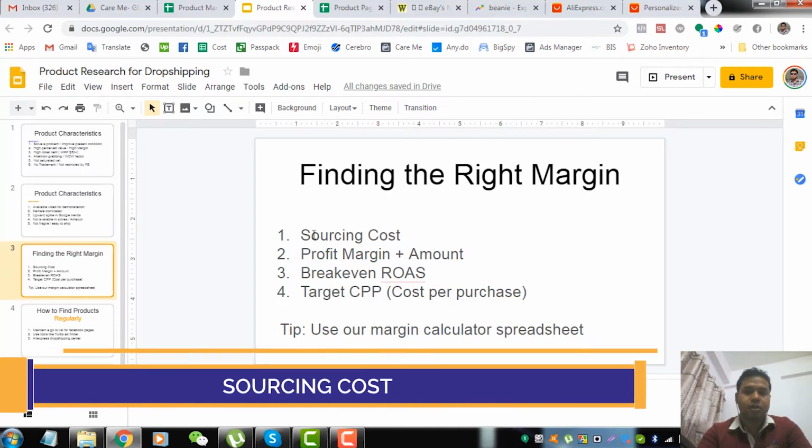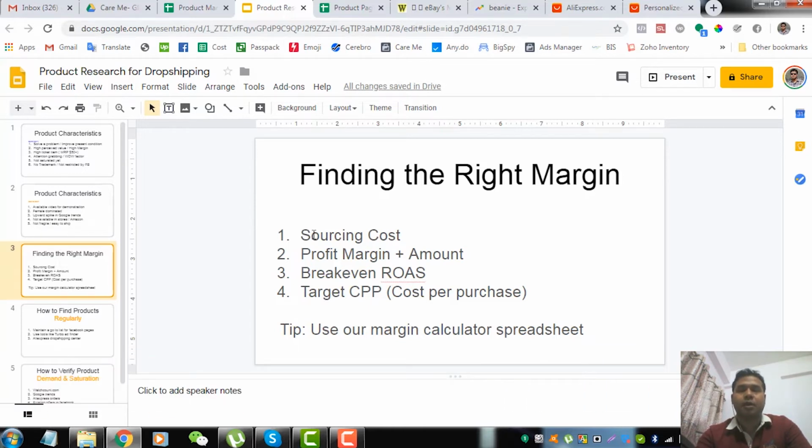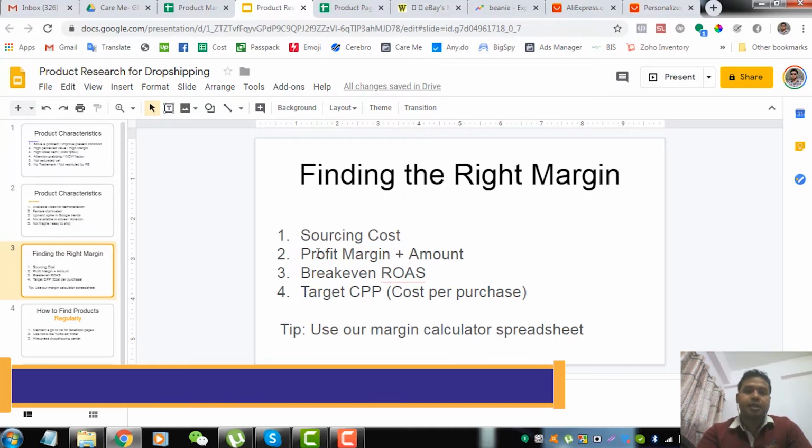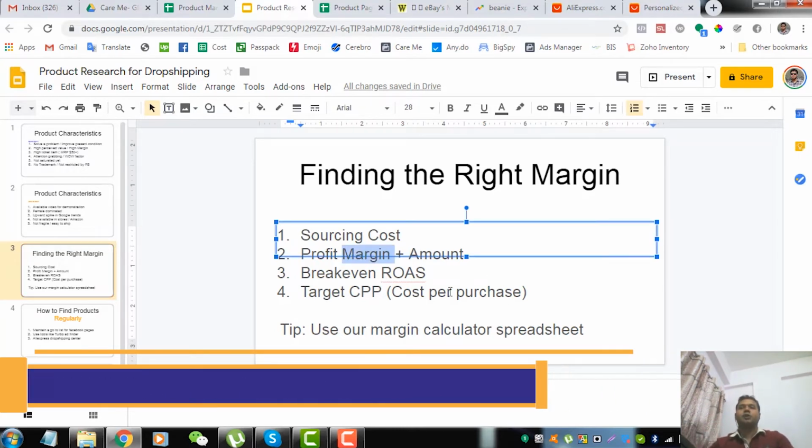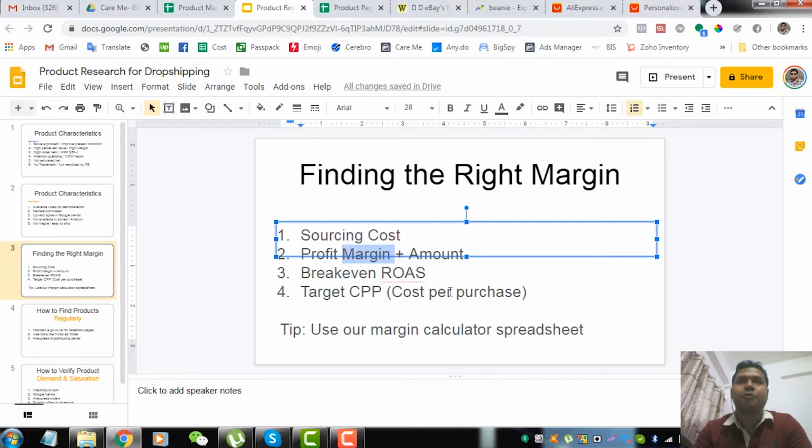So first of all, you should know your sourcing cost. If you are doing drop shipping, obviously the cost will be your product cost plus the shipping amount you're paying. The second is your profit margin plus profit amount. This is also important. Sometimes you see that the profit margin is 50%, but the profit amount is only $5, because if you buy a product for $10, the 50% margin would be $15.